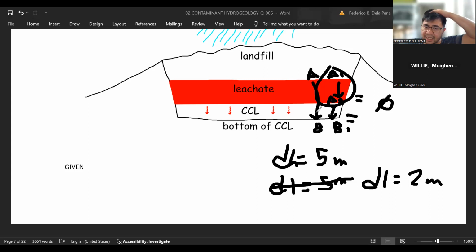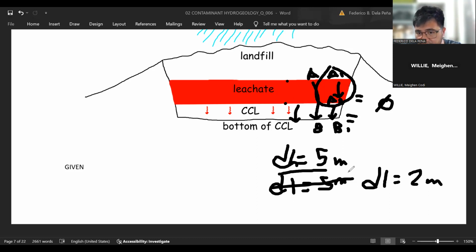So even though the flow path length that we're concerned with is just this one, we cannot just disregard this vertical column of water that's exerting pressure at the top of the CCL.